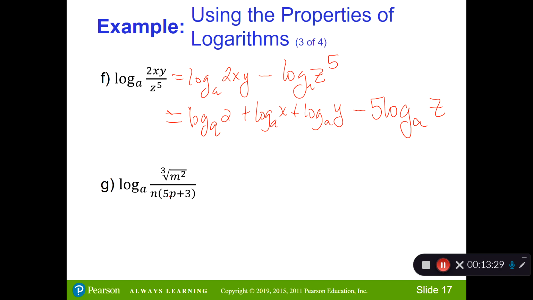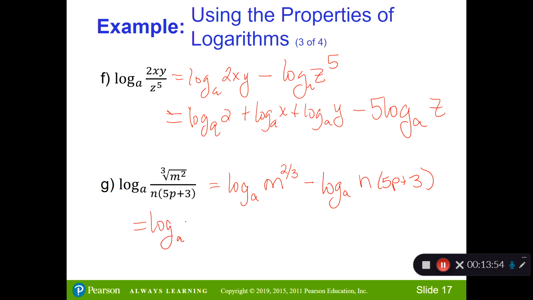Let's do the same thing here. Now I'm going to start by rewriting this as an exponent. So I would have log base a. That would be m to the 2/3 power. And this division is a subtraction, log base a of n times 5. Now this 2/3 can come in front.